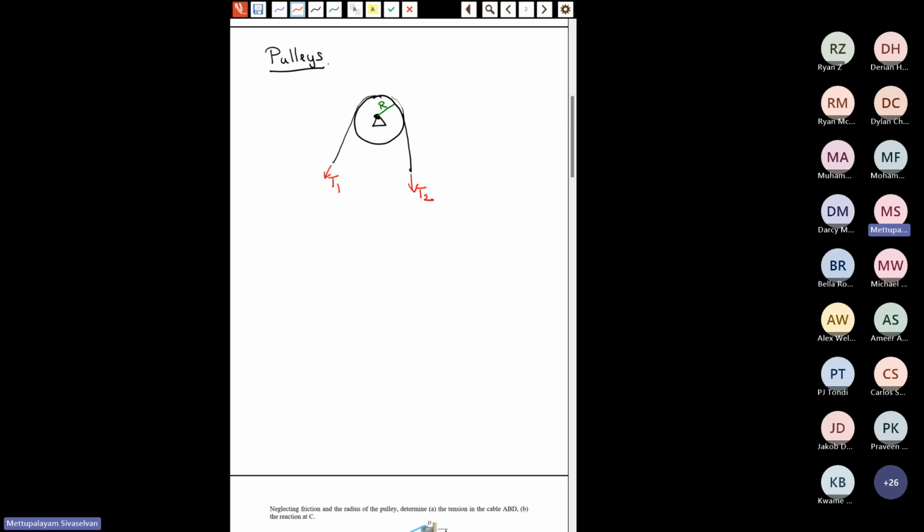Okay, so that's a pulley, and I have a cable or a chain wrapped around it. I'm just cutting the chain at these two places, and let's say the tensions are T1 and T2. Okay, now let's draw a free body diagram of just the cable. So I'm cutting it out like over here, drawing a free body diagram of that. Let's call this point O.